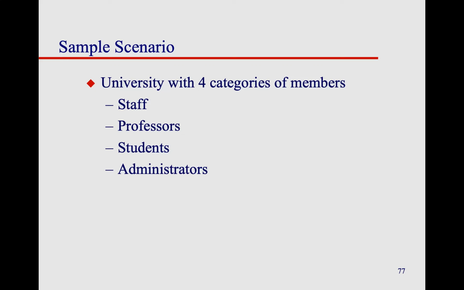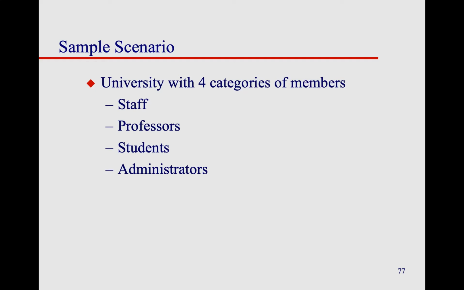So that would give me all professors who are administrators. Or if I intersected staff with students, I would find out which people are both staff and students. Okay. If I do a set difference between administrators and professors, I find out all administrators who are not professors.